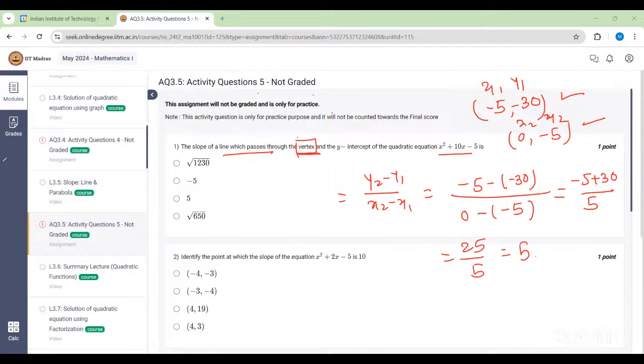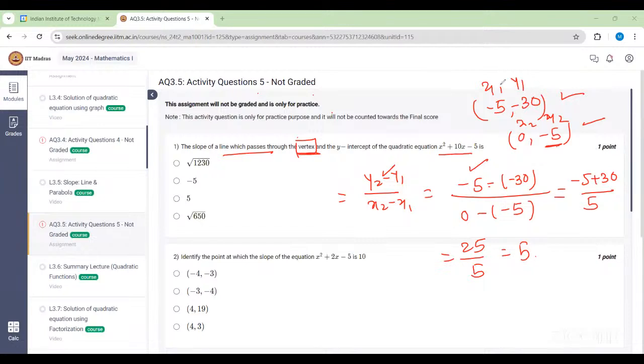Is the wrong option given? Ma'am, how did you get y1 as minus 30? See, I'm treating minus 5 as y2, and the minus sign is by the formula, and y1 is minus 30.